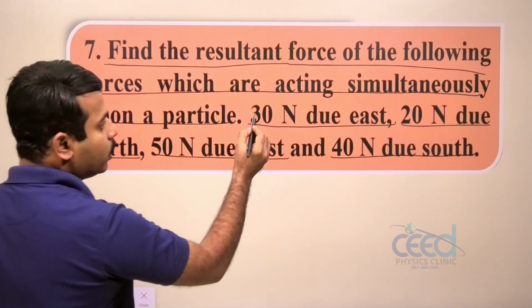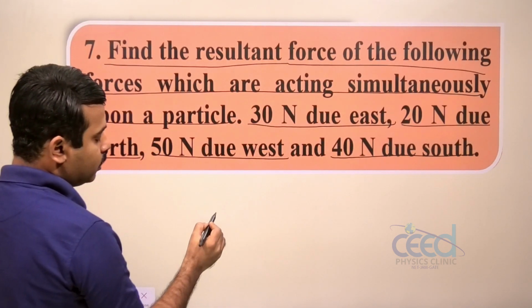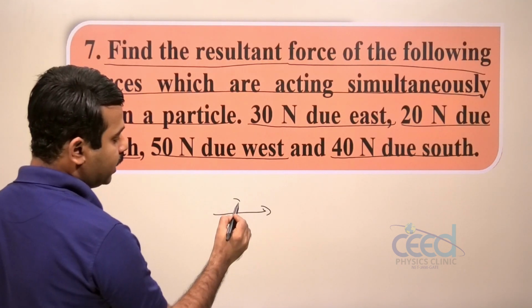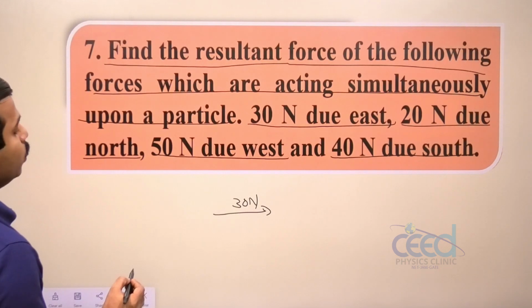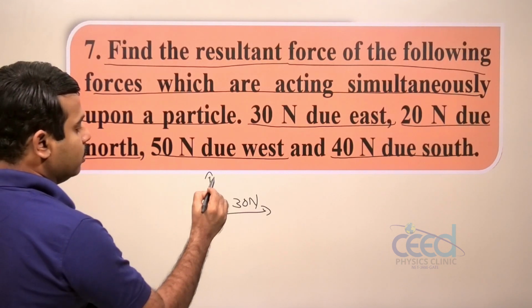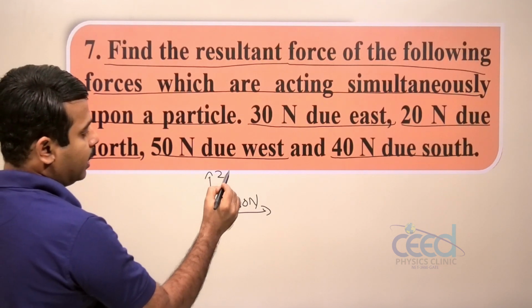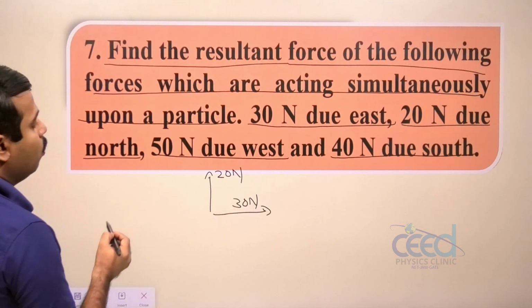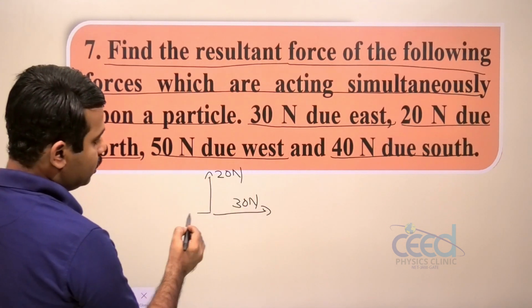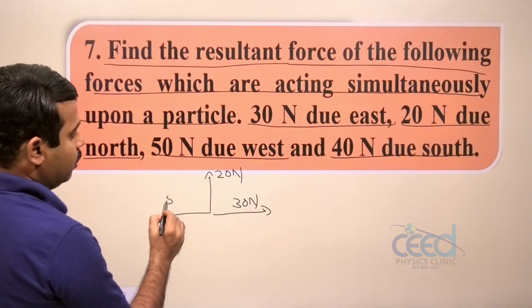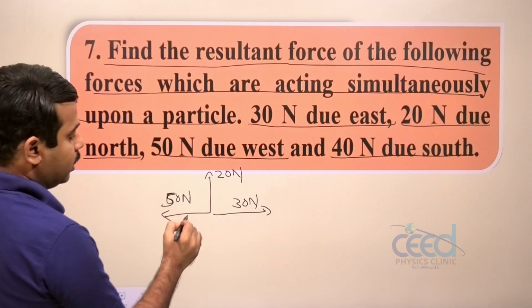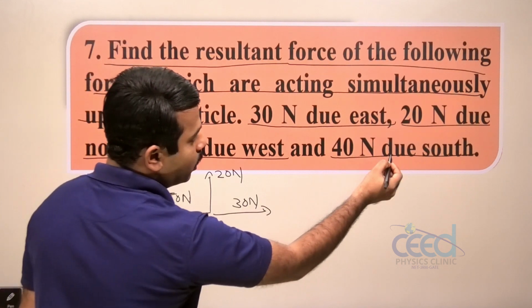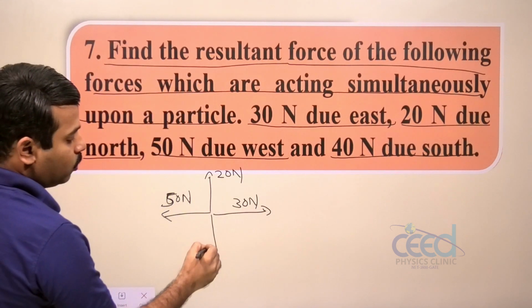See, 30 Newton due east means, here is east, so 30 Newton in this direction. Now 20 Newton due north, this is 20 Newton in the north direction. Now 50 Newton due west, opposite of east, that is 50 Newton. Now 40 Newton due south means opposite of north.